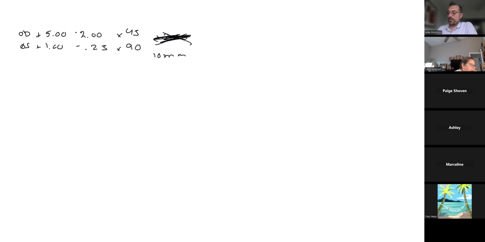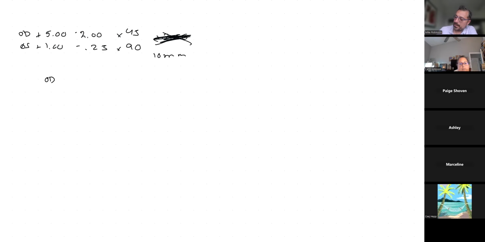So now we'll take the first step. The very first step is, again, we want to solve for what the power is at the 90th meridian. So for the right eye, with the prescription +5 -2 at 45, what is the power at the 90? Does anybody want to throw it out there? There you go.